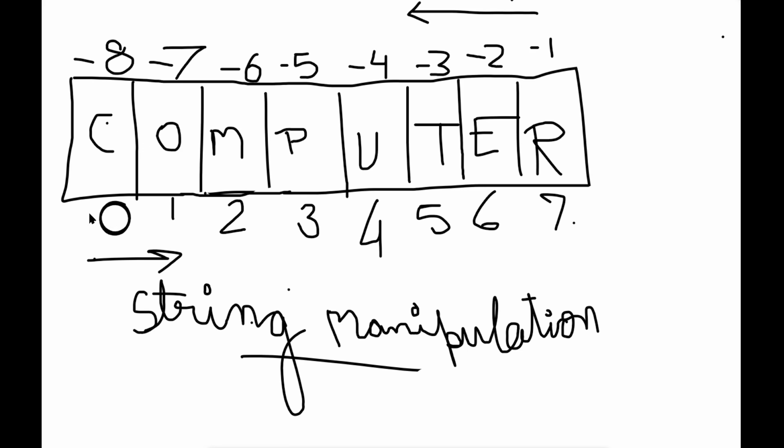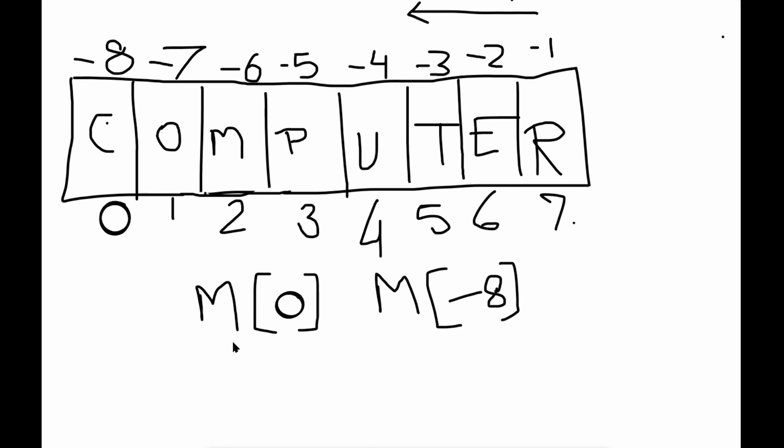Now if I need to refer to index number 0, I can write the name of the string and index number 0. Suppose the name of the string is m.